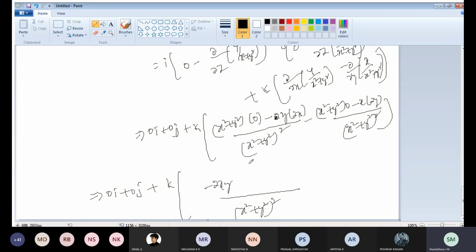Here also a negative sign is there. Again, the second term's numerator term is 0 because it is multiplied by 0. So minus, here also one negative sign is there, it is plus 2xy. So these two terms get cancelled, then the remaining is 0i plus 0j plus 0k, which is nothing but the 0 vector.